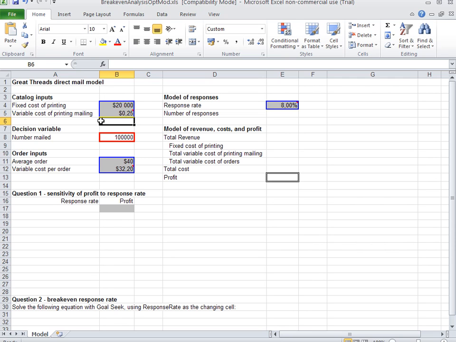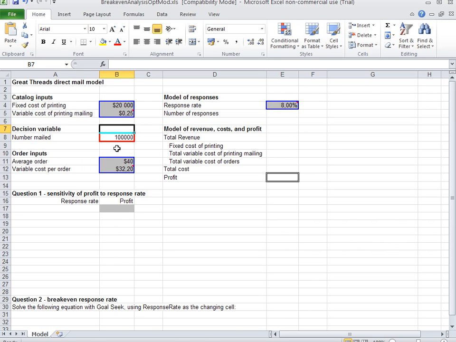Actually, as we see, these blue grayish cells here mean that this is something that the market dictates for us. This red one here means that this is something we've decided ourselves, how many orders to send out. So something to note from our workbooks as well.